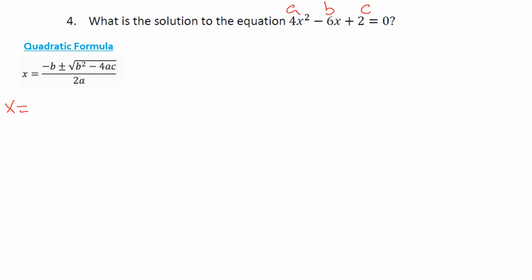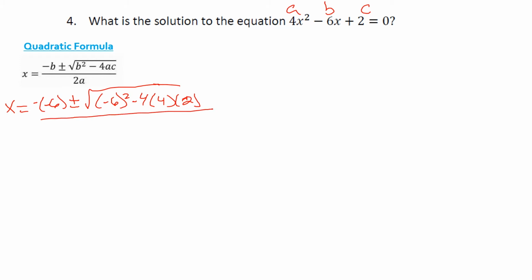Negative B, so that will be negative times a negative. So make sure I put that double negative. Plus or minus the square root of negative 6 squared minus 4 times A, which is 4, times C, which is 2, all over 2A. A is 4.